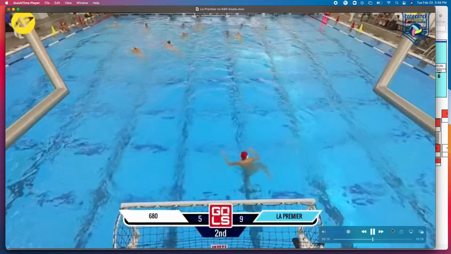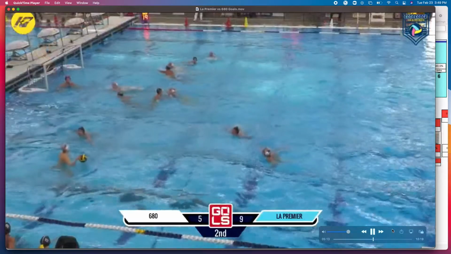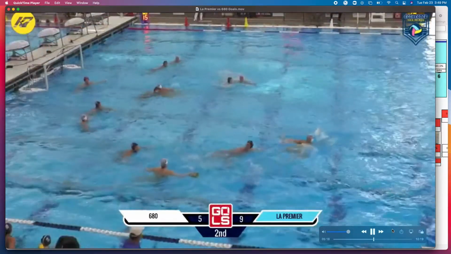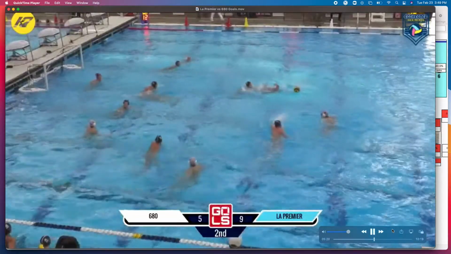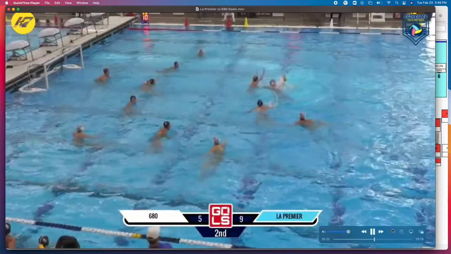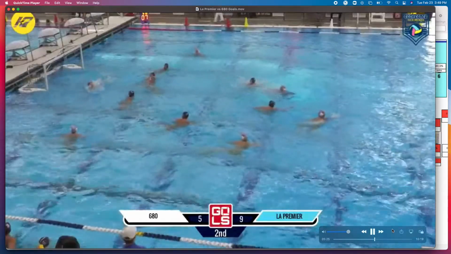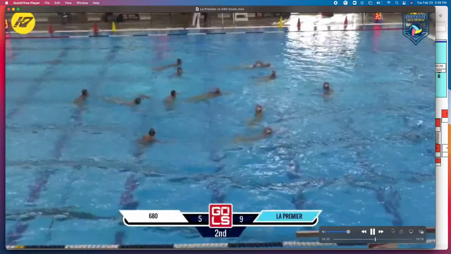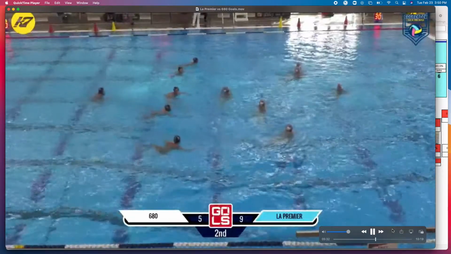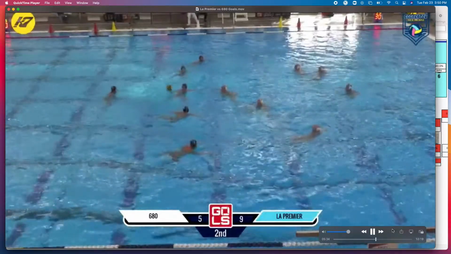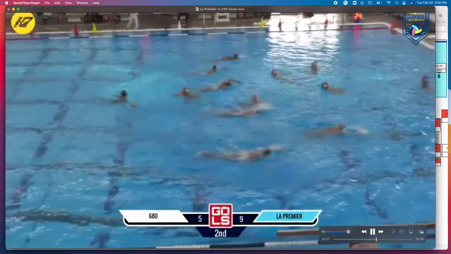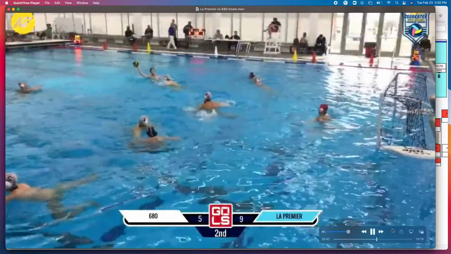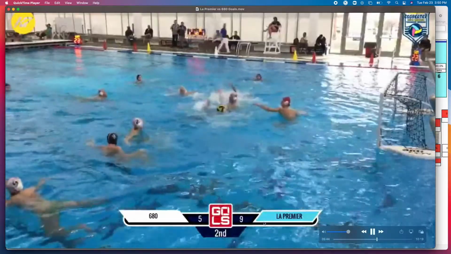Shot there by number 14, Christopher of LA Premier. One to miss. LA Premier comes down here, makes the turn.